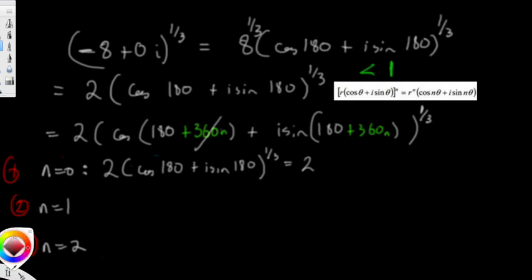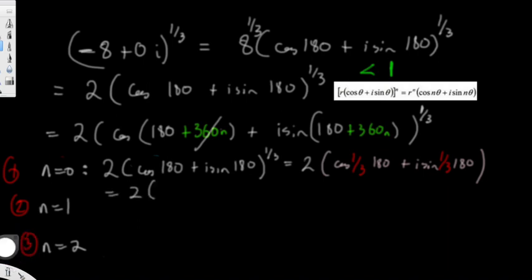So this is going to be 2 cos, 1/3 multiplied by 180, plus I sine, 1/3 multiplied by that 180. So this gives us 2, and then cos of 60 plus I sine of 60.